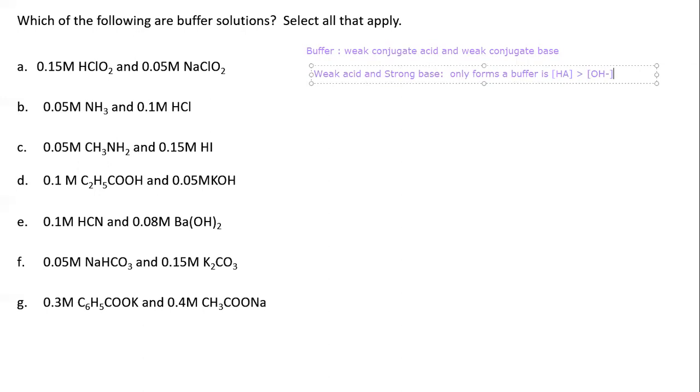The general form for a strong base is OH minus. So when you have a combination involving a weak acid and a strong base, as long as the concentration of weak acid is greater than the concentration of the strong base, then a buffer will form, because the strong base will be converted into the weak acid's conjugate base. So that's one combination.